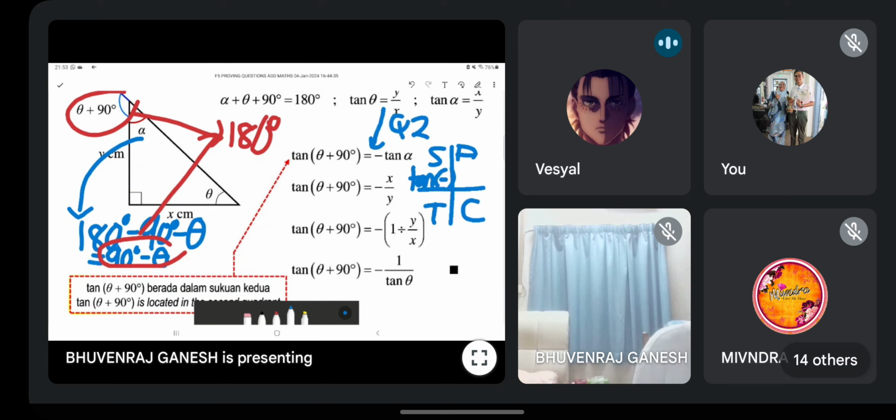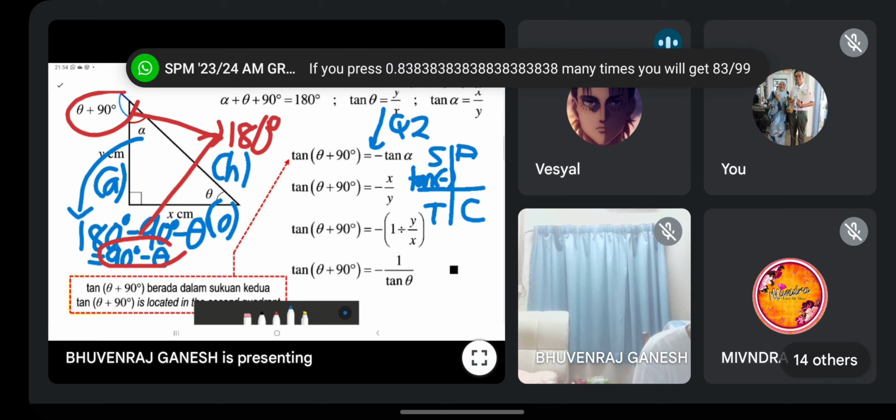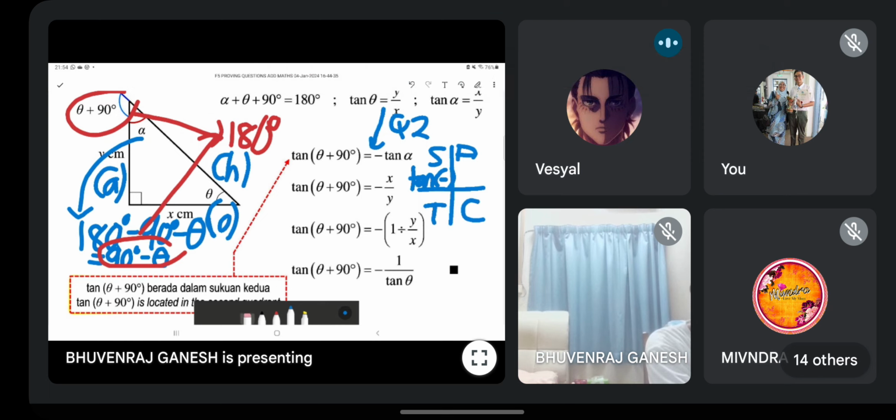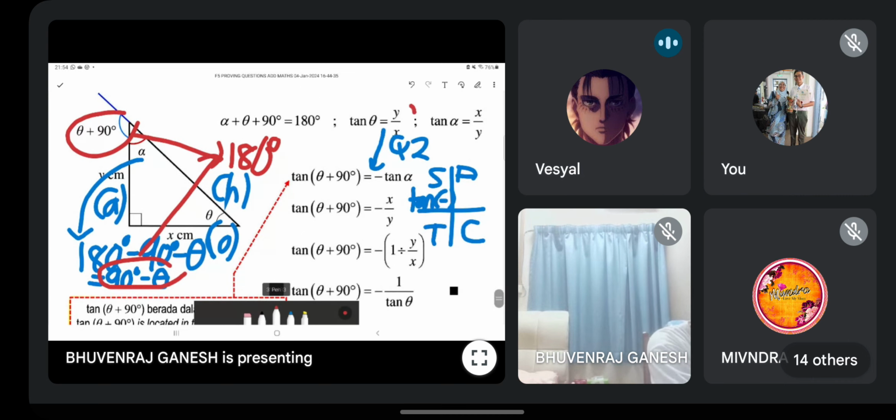So tangent alpha is x over y because opposite over adjacent, therefore x over y. And the next steps are basically the tangent theta plus 90 equals to negative 1 divided by y over x. 1 divided by y over x is equals to x over y. And finally, we just get negative 1 over tangent theta, so tangent theta is opposite over adjacent, which is y over x lah, if you see in the diagram again. And yeah, that's it actually.